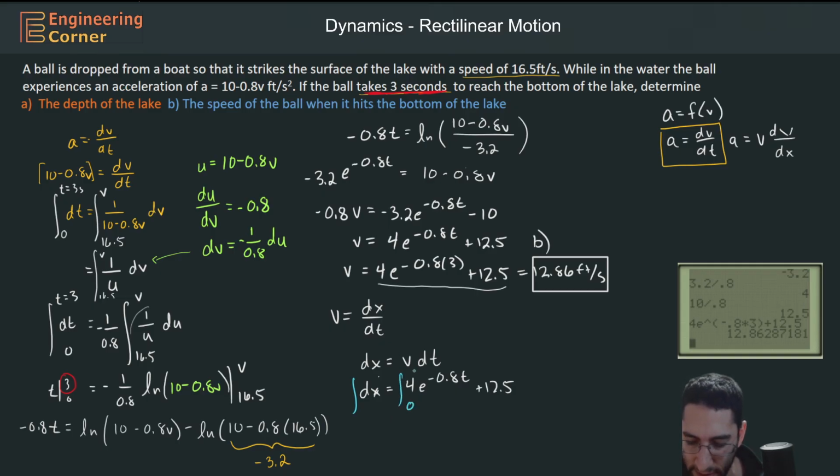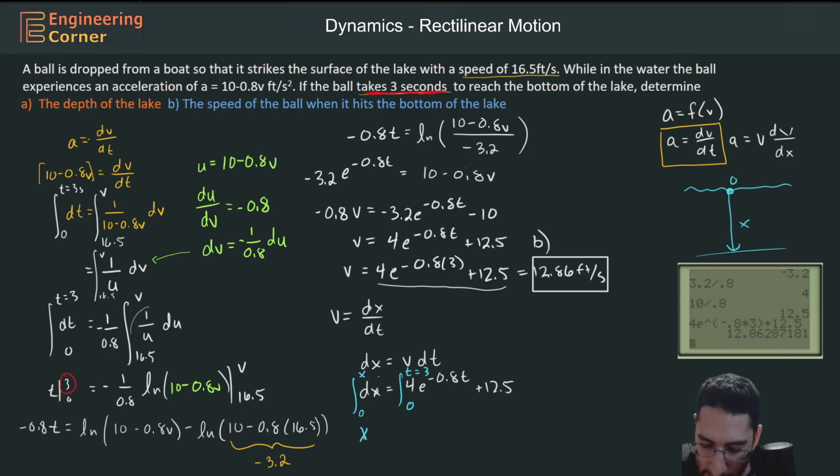Well, we are going from 0 to t, which is equal to 3. And x, well, we don't know our depth. And we're going to start at 0, right? If we start at the surface, we're trying to figure out how far down we have to go. So this will be 0. This will be whatever our depth is.